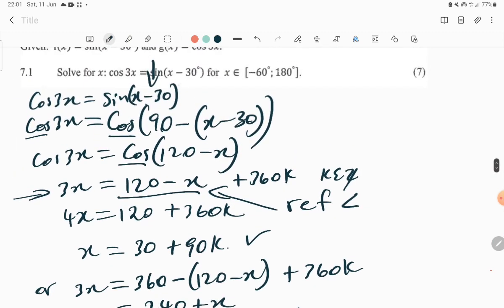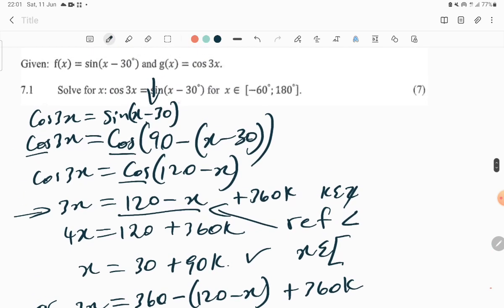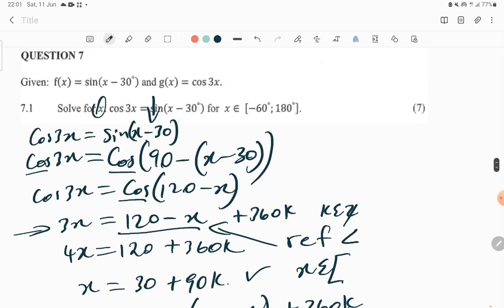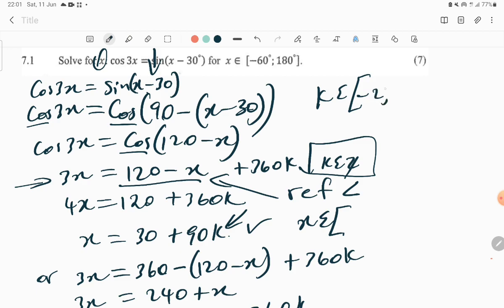We want now to find the actual values of x, because these are just general solutions. We want to find the actual values of x, where we are going to use this k now. This k is going to be used to substitute in the place of k, where k is an element of integers. You can just start from -2, then -1, then 0, then 1, then 2, then 3, then 4.